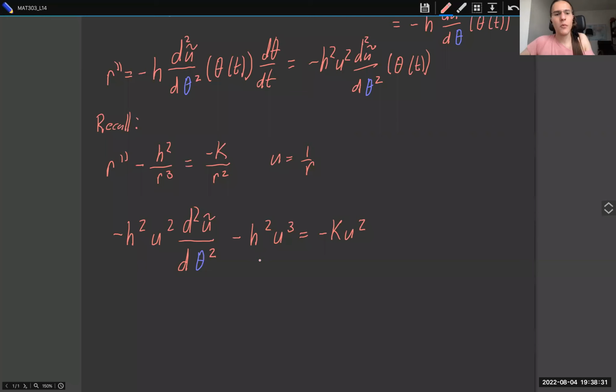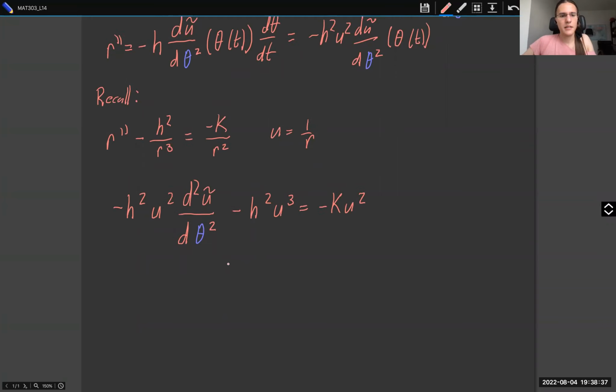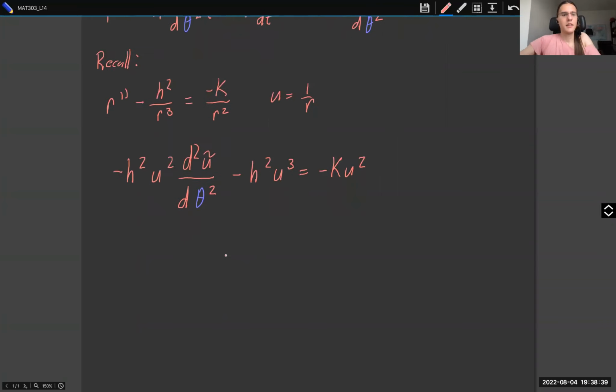And so what's going to happen then is that if we divide by u squared everywhere, and we're also going to divide by h squared everywhere, we're going to get d squared, evaluated at theta of t.